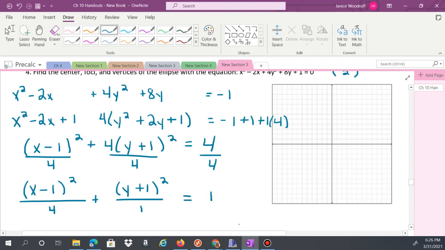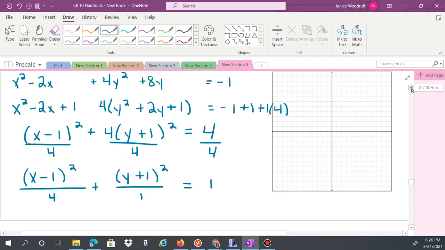Okay, and we want the foci and the vertices, so we're going to have to graph it. So the center of this graph is going to be (1, -1). So (1, -1) is going to be right here.